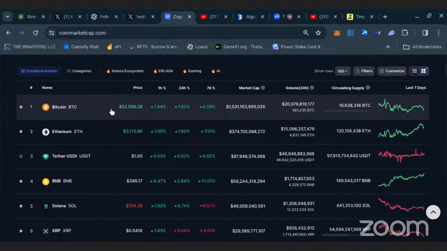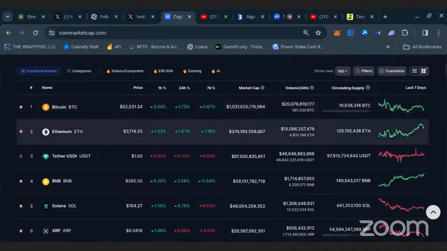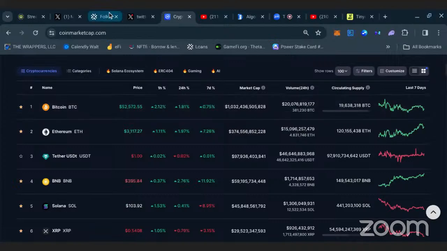It started just like everything else at zero, and now look, it's at $52,000 for just one asset. I was lucky enough to catch Ethereum at 2,500. So now, just from getting Ethereum at 2,500 and holding, I've already made $600 on just this one asset. That's my official benchmark that I'm proud to share with everybody.